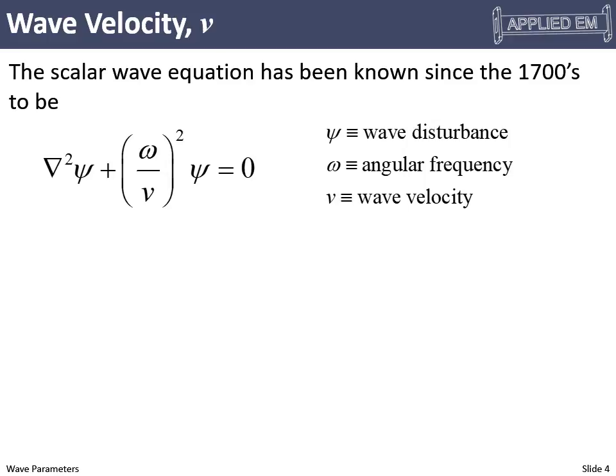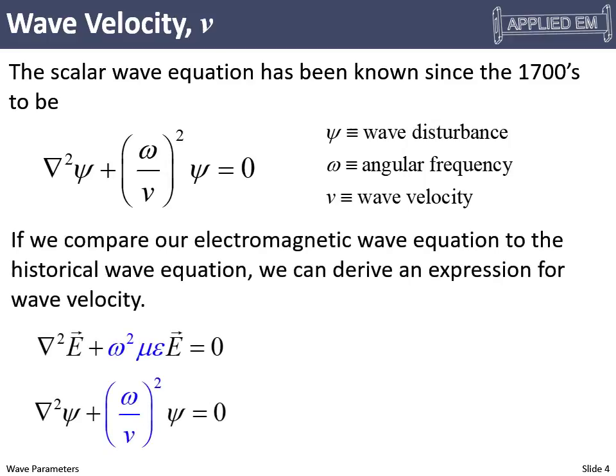Now along comes Maxwell, who fixes Faraday's equations, adds the displacement term, and is able to derive the wave equation for the first time, the electromagnetic wave equation. Maxwell then compared the electromagnetic wave equation to the historical wave equation and realized that this omega squared mu epsilon term has to be the frequency divided by velocity squared.